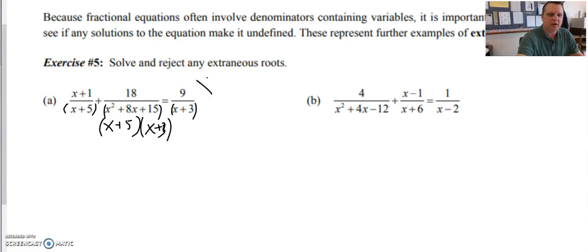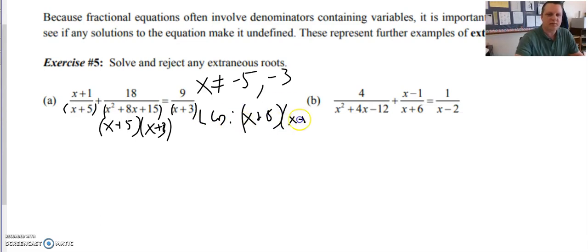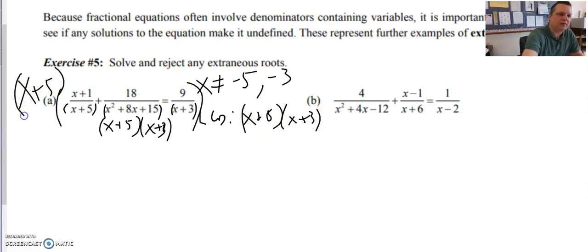First things first, x cannot equal -5 or -3, because if I plug it in, it'll give me a 0 in the denominator. My LCD is x plus 5 and x plus 3. So I multiply everything by x plus 5, x plus 3.